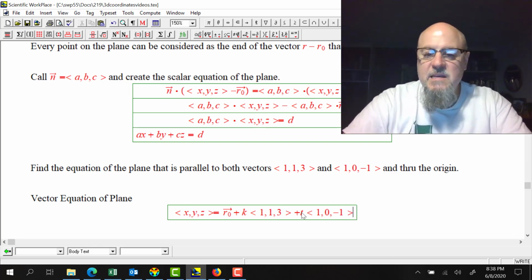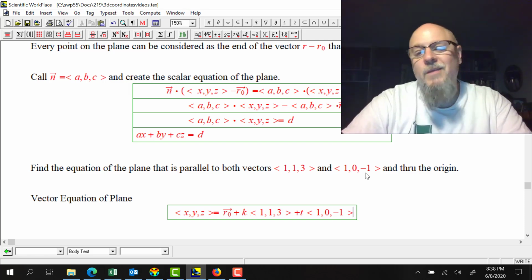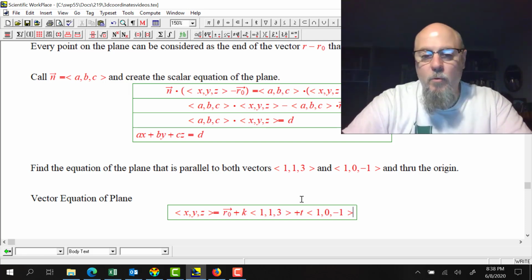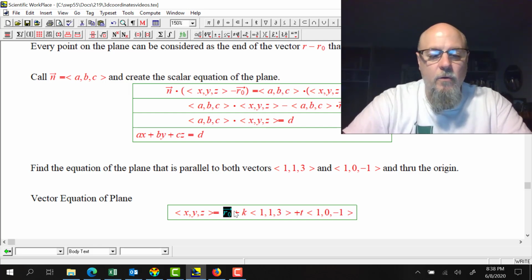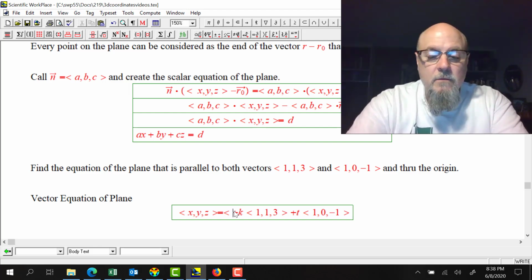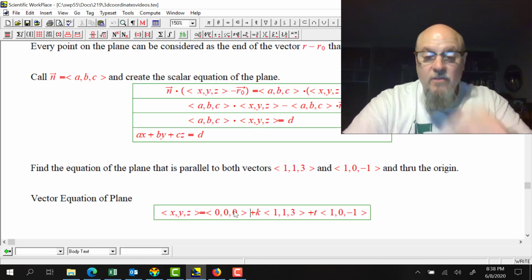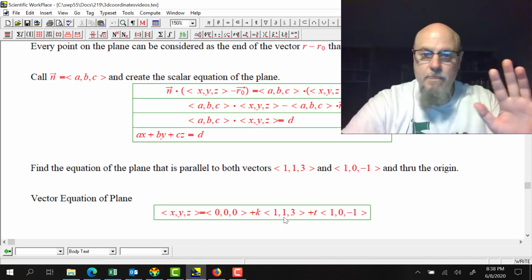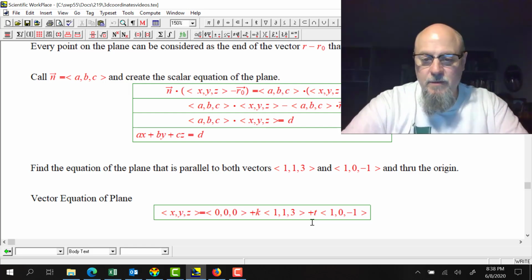Now if I pick a t and I pick a k number, oh, what's r naught? It goes through the origin. So r naught is a point on the plane. So our r naught is 0, 0, 0. Let's write it in there for completeness. So now there, I'm done. That's the vector equation of my plane.